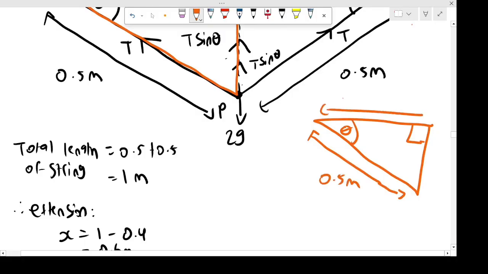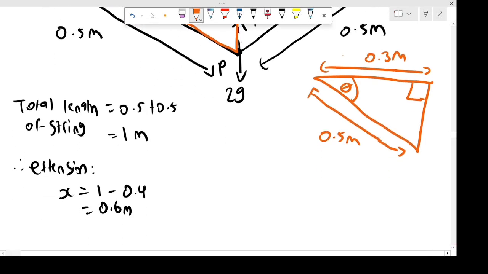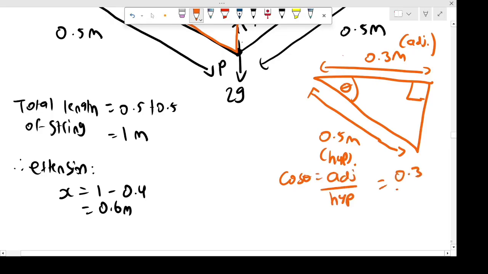And this length is 0.3. Well, hang on, we've got two sides in a right angle triangle. We can use SOHCAHTOA to find theta. Now, this is my hypotenuse, and this is going to be my adjacent side up here. So we're going to use cos. So cos theta is adjacent over the hypotenuse. Well, the adjacent is 0.3 over 0.5. So that means cos theta is 3/5.